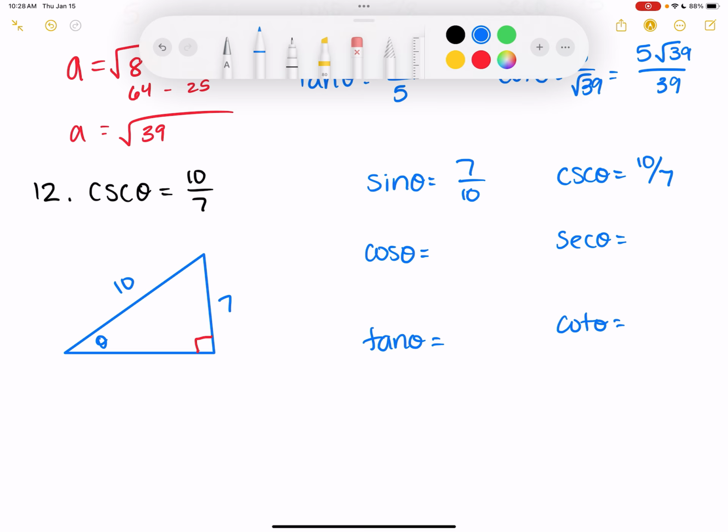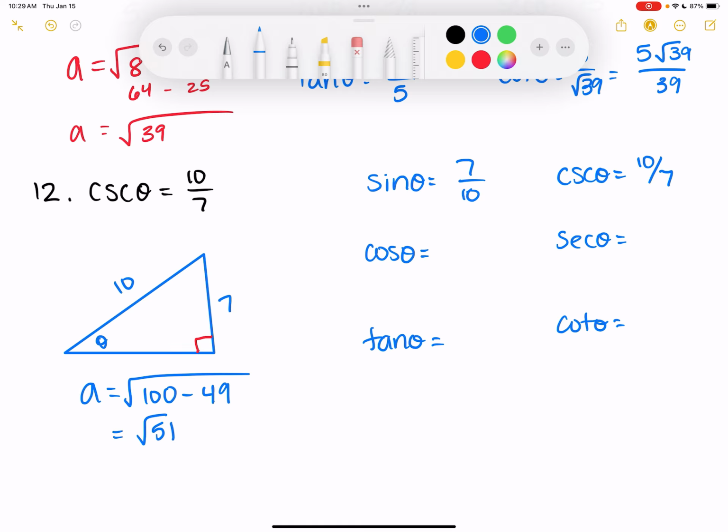All right, so I have to find the other side. So A is equal to the square root of hypotenuse squared. You notice I get progressively lazier as we go and start skipping more steps. So square root of 10 squared minus 7 squared, which is 49. So square root of 51.